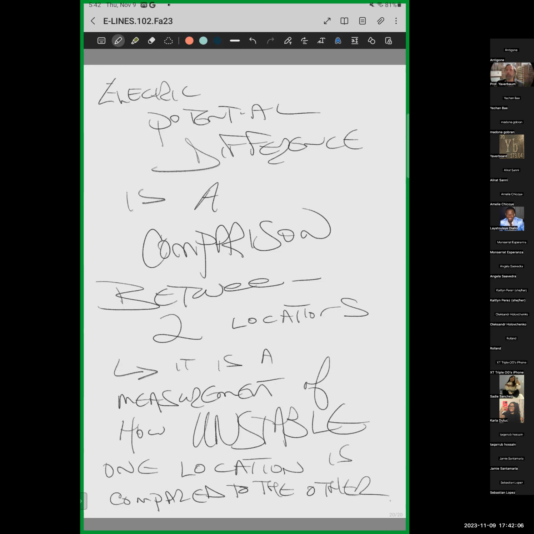To measure electric potential difference, what you're really measuring is how much more unstable is one location compared to the other. Why would one location be more unstable than the other? One location would be closer to positive charges than the other. It's harder to get a positive coulomb of test charge to that location.